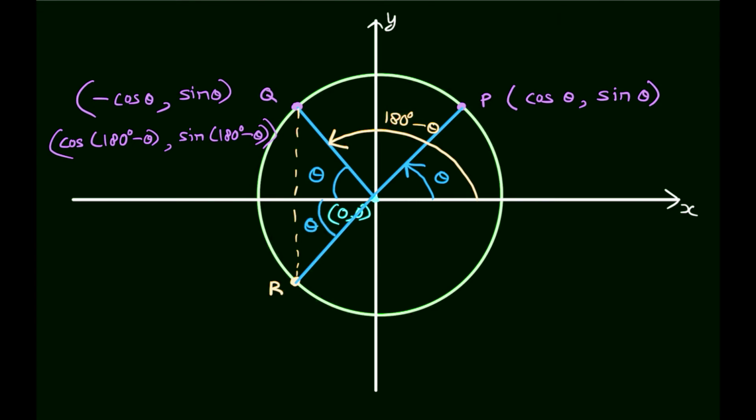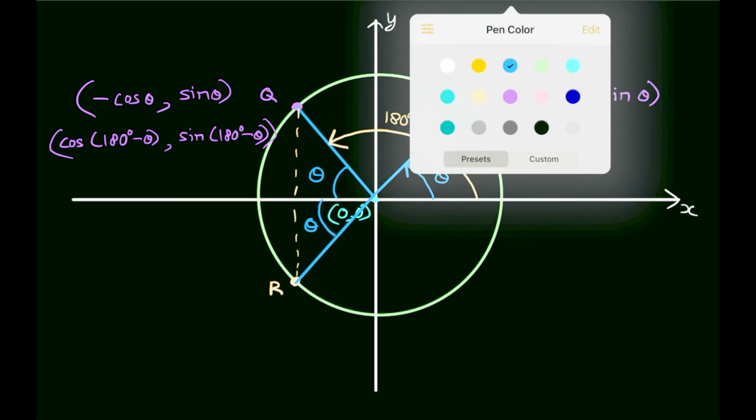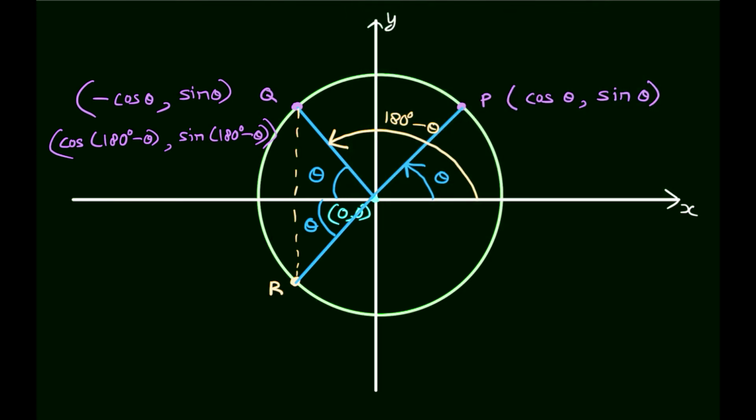In order to write the coordinates of point R, I need to find either the anti-clockwise angle or the clockwise angle. So let me just find the anti-clockwise angle. So the anti-clockwise angle for point R will be this big angle. Okay.